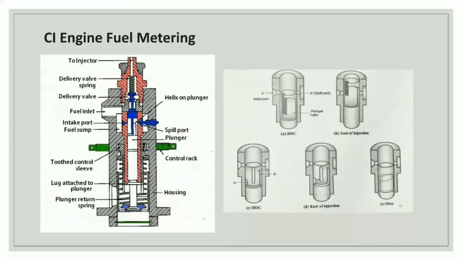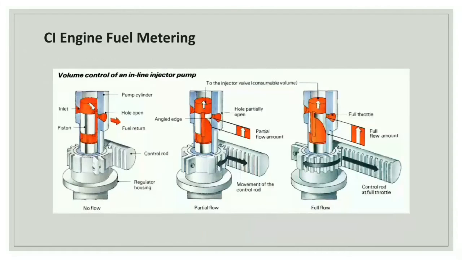And in the next figure, you can see the five processes: A, BDC; B, end of injection; C, BDC; D, end of injection; and E, stop. This is a schematic of volume control of an inline injector pump.